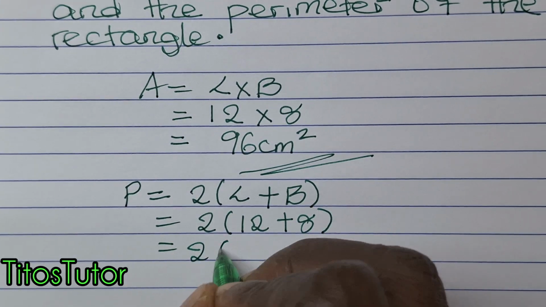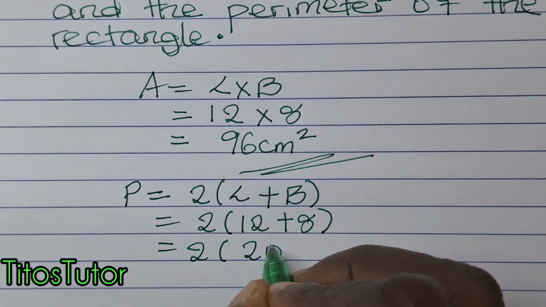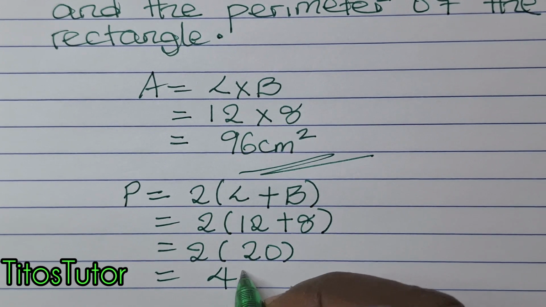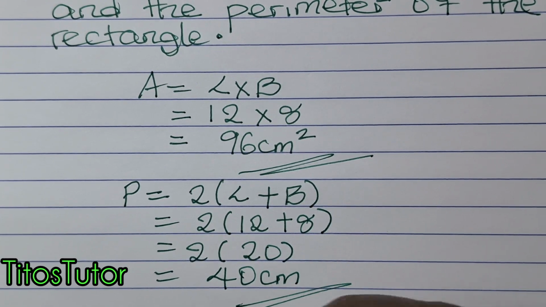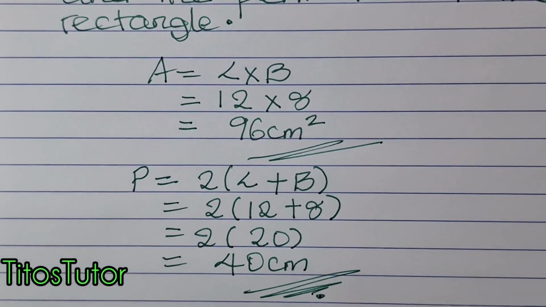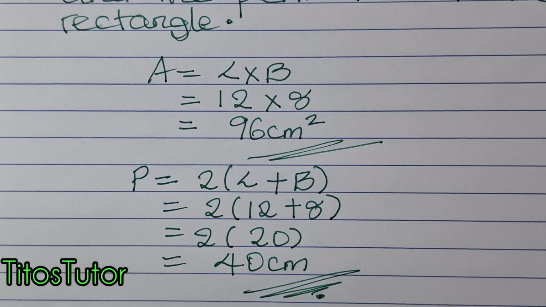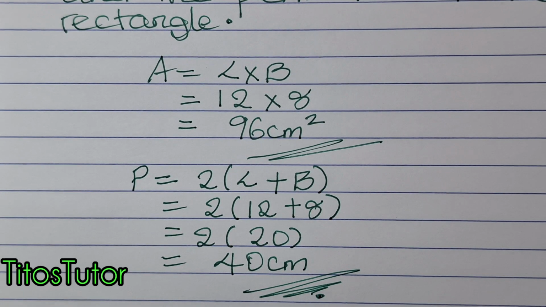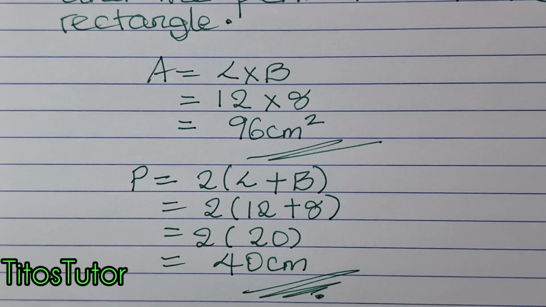This is 2 into 20, which is 40 cm, and you are done. Perimeter is measured in a single unit because you're not multiplying anything, but area is measured in a square unit, so don't get the units wrong.